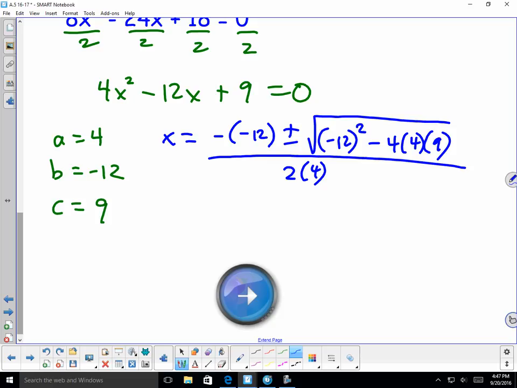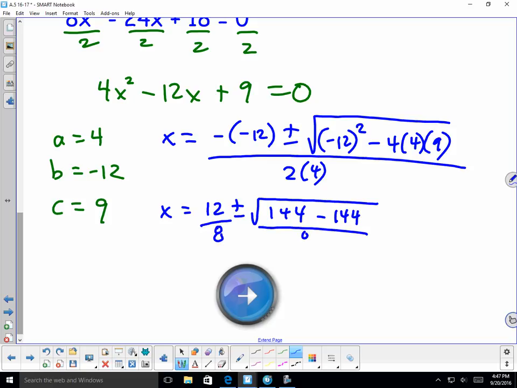At this point, we have x equaling 12 plus or minus square root of 144 minus, I get 4 times 9, that's 4 times 36. I think that turns out to be 144 again. And this is all over 8, but I'm going to split it up and make each one of these over 8, so I have those 2 separate fractions like we were talking about before.